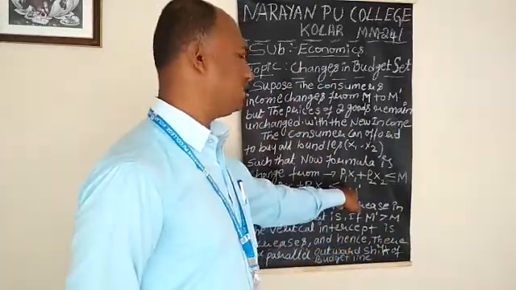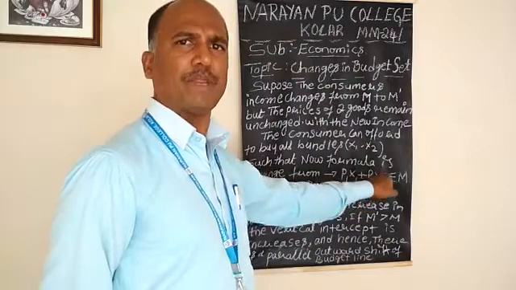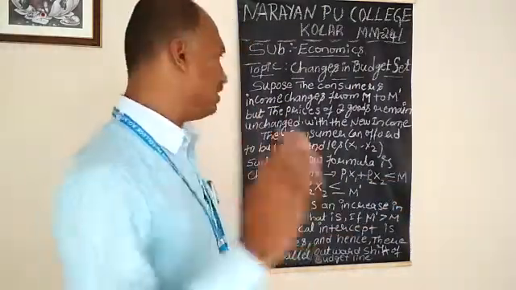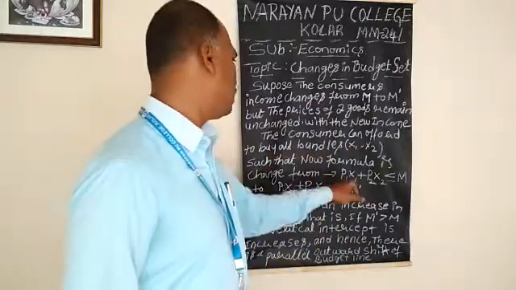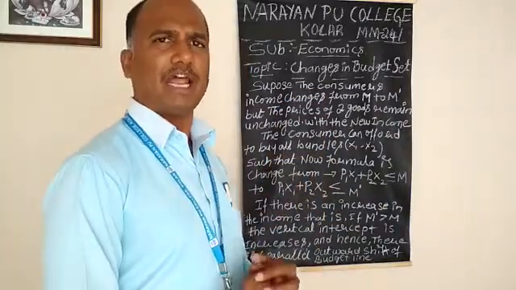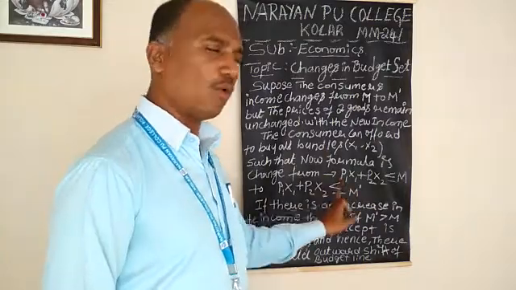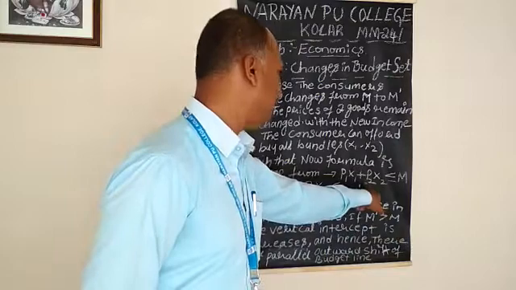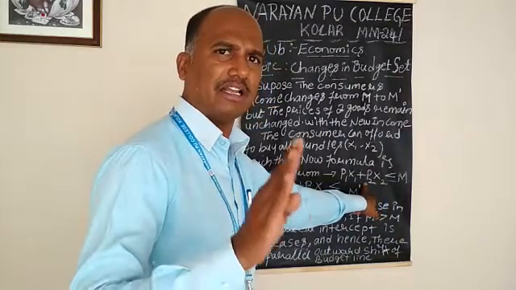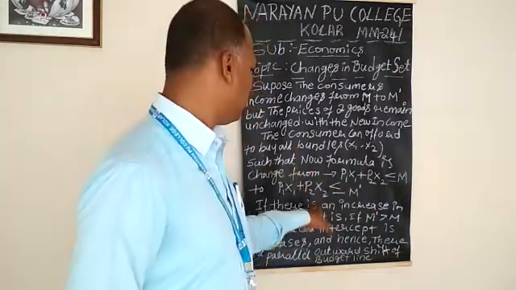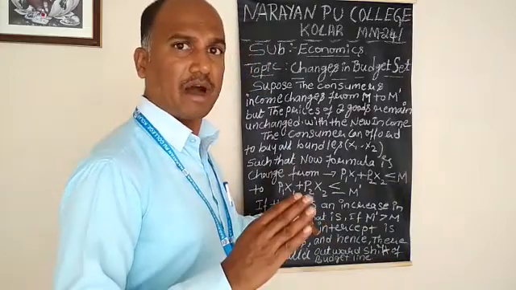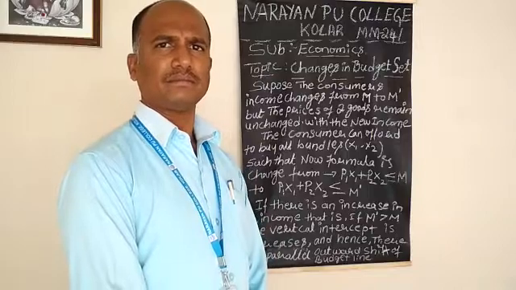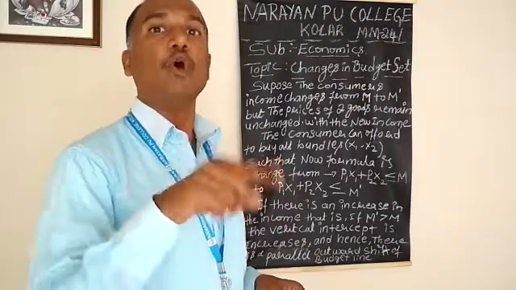When the income of the consumer changes, the budget set equation also changes. How? The previous budget set equation is P1 X1 plus P2 X2 is less than or equal to M. When income changes, the budget set equation changes to P1 X1 plus P2 X2 is less than or equal to M dot. This is the budget set equation when the income is the previous one, and this is the budget set equation when the income of the consumer has changed. Note the slope of the new budget line.